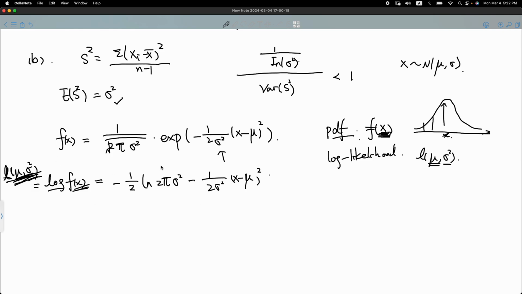Okay, so now we express this formulation as a function of mu and sigma square.